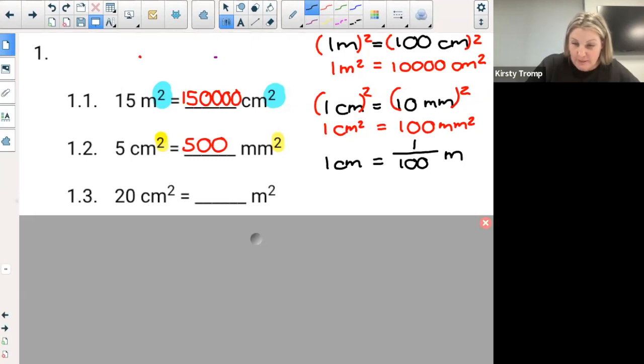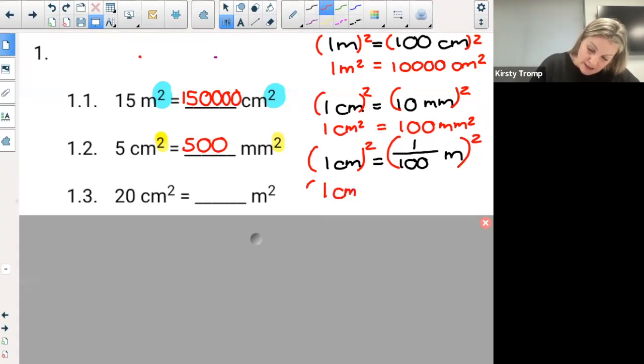All right. Now, whatever I do to the one side, I must do to the other side. So I square that side, and I square that side. So here, I'm left with 1 centimeter squared equals 1 squared is 1 over 1, 2, 3, 4 zeros, meters squared.